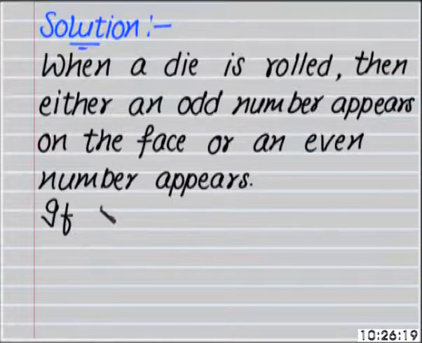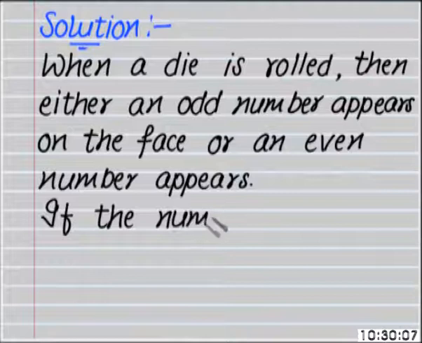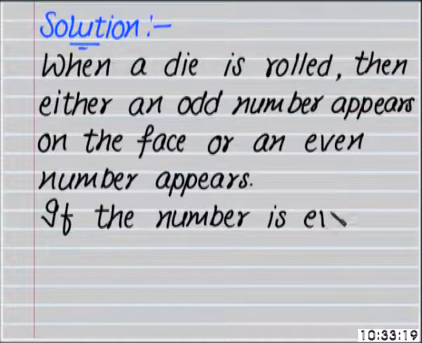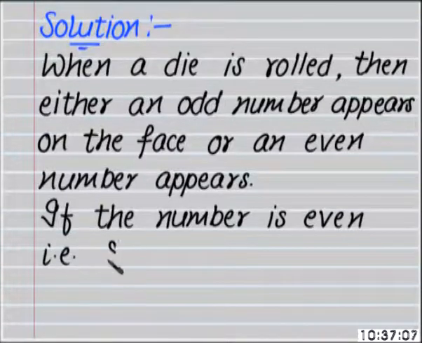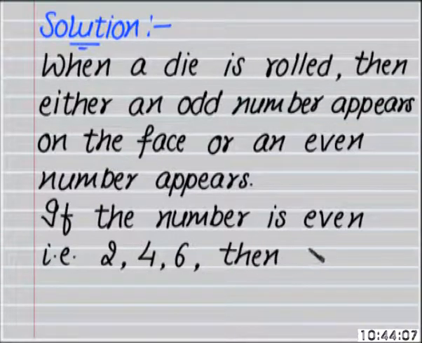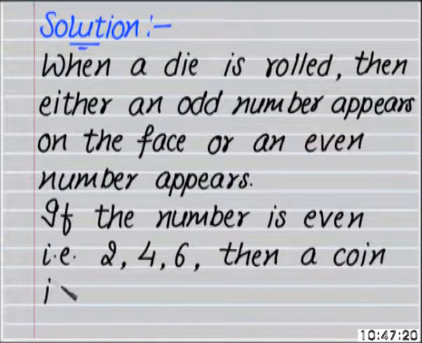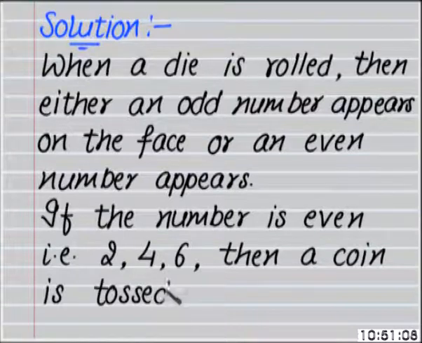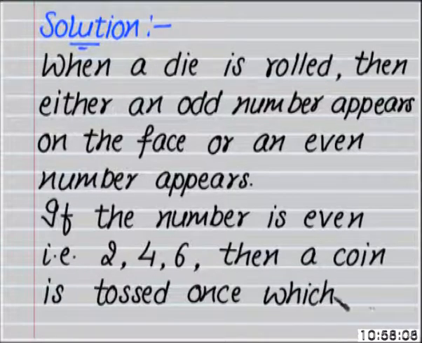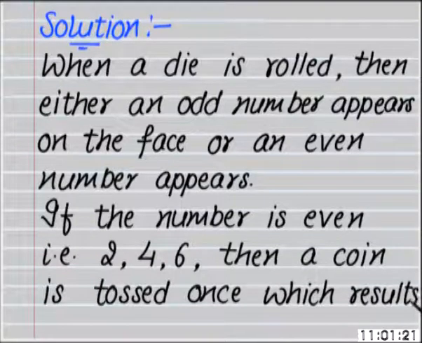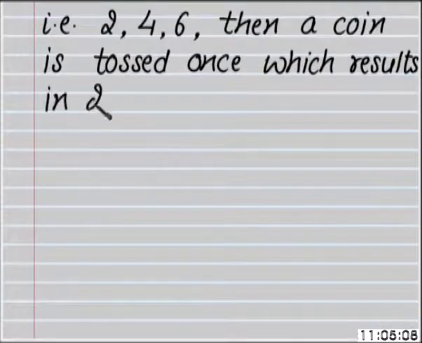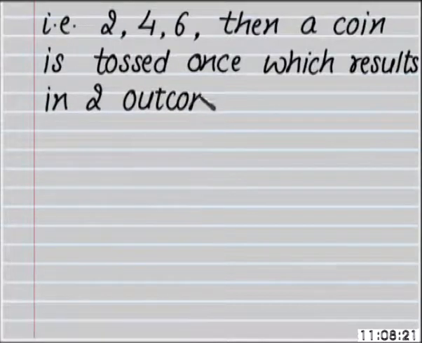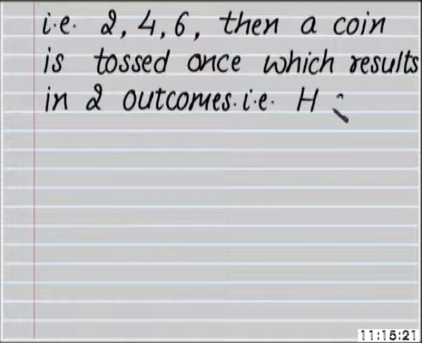If the number is even, that is, it is 2, 4 or 6, then a coin is tossed once, which results in two outcomes, that is, head or tail.